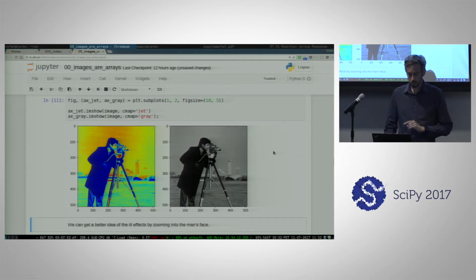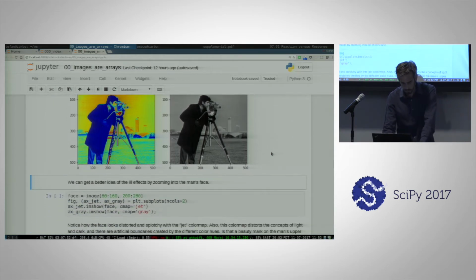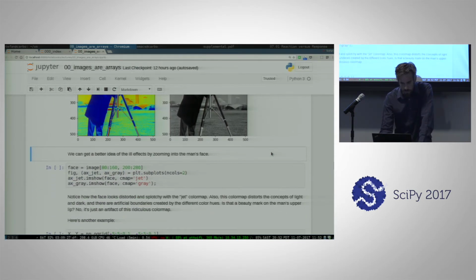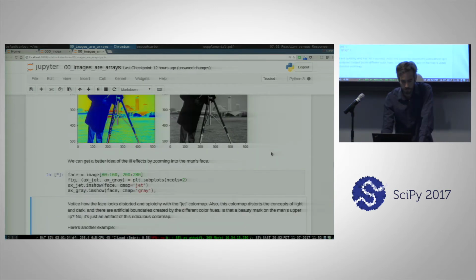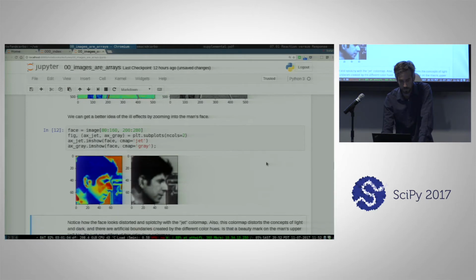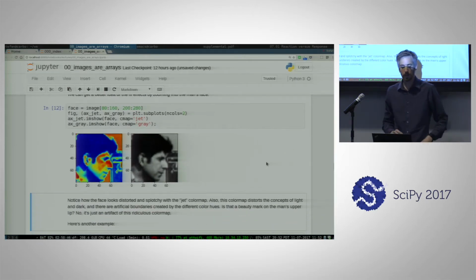I'm going to talk a little bit about this color map, just because it's used so often, and often with such devastating effect, not for the positive. So let's take this image and just zoom in on the man's face a little bit. Just take a look at that. Do you see all the artificial contours introduced on the left-hand side?